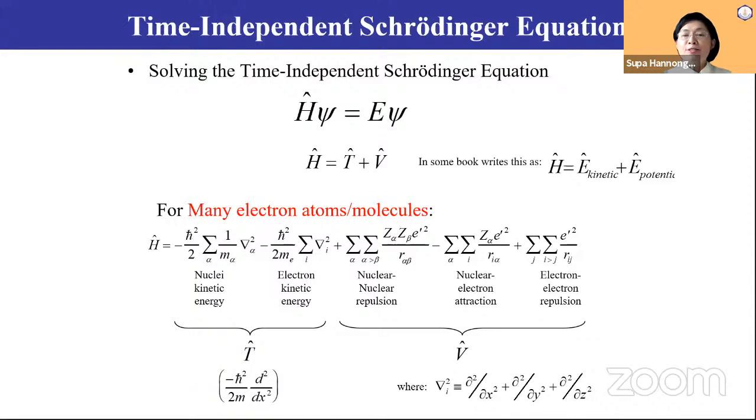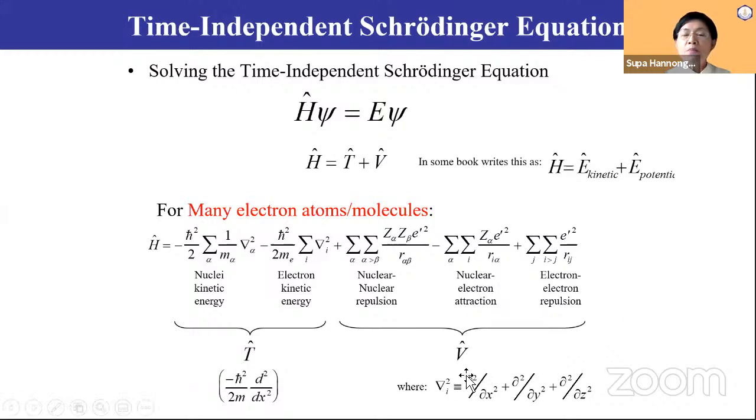So this formula is really famous, and you can try to understand its physical meaning first. Imagine you have one nuclei and two electrons.